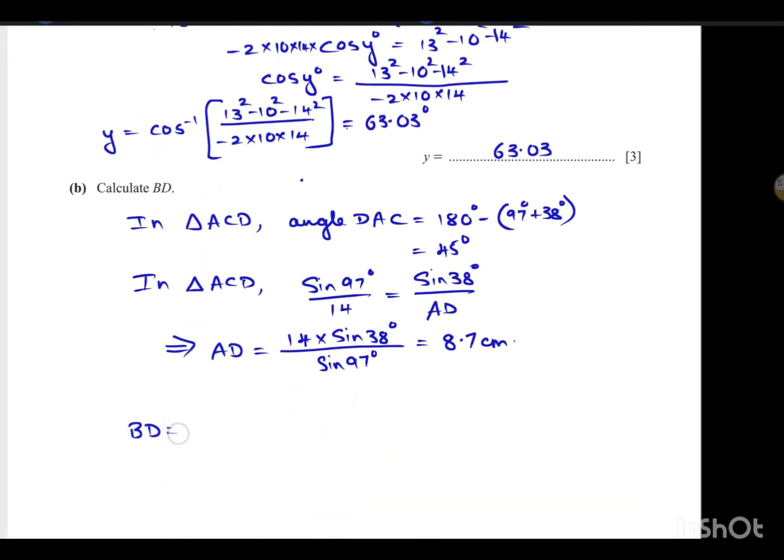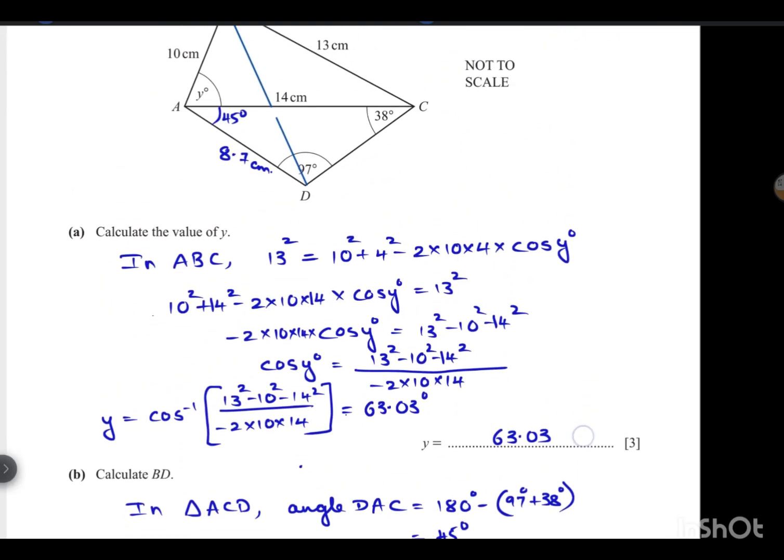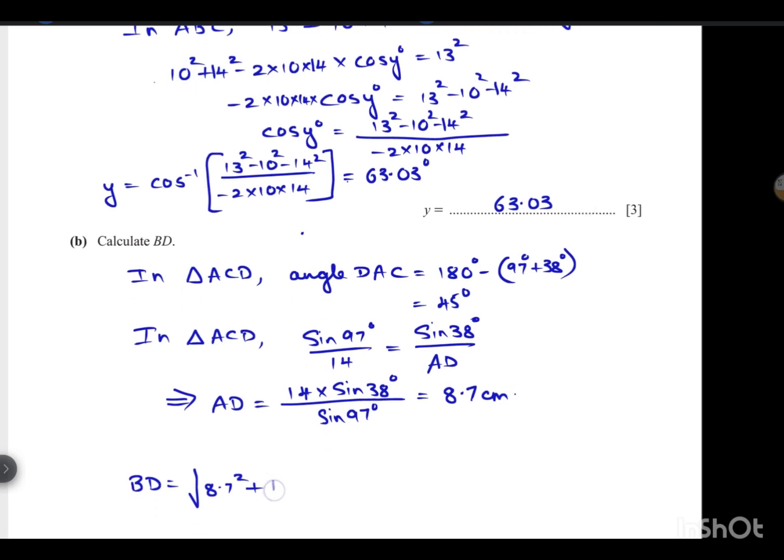BD will be equal to square root of, the two sides are 8.7 square plus the other side which is 10 square minus 2 into 8.7 into 10 into cos of 63.03 plus 45. Find out.